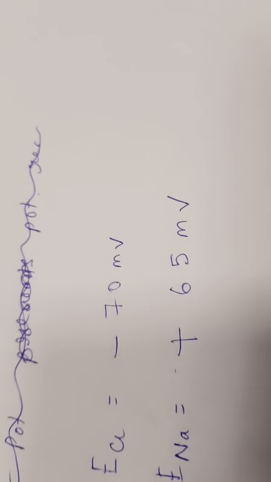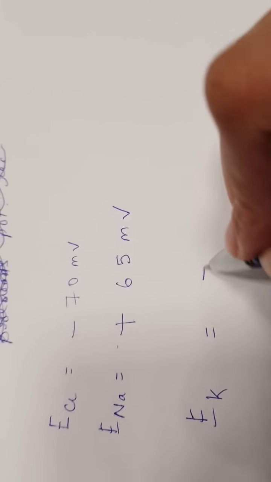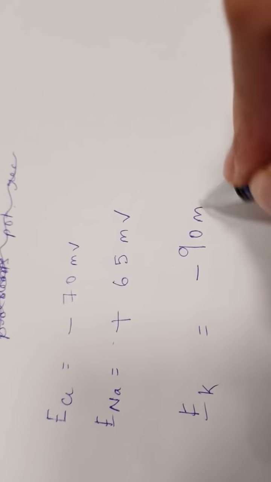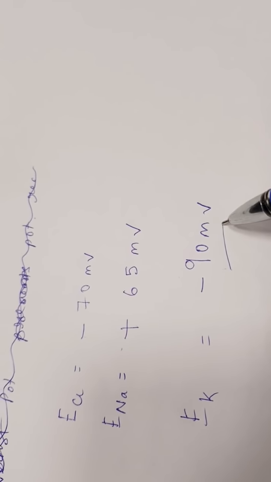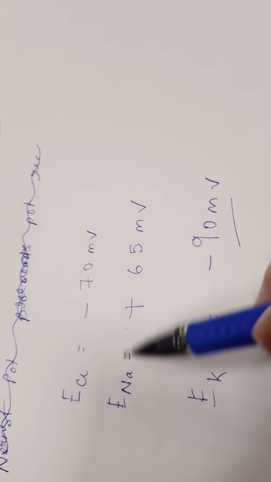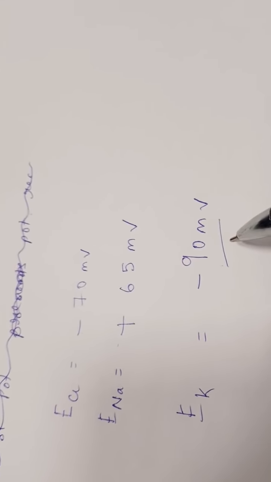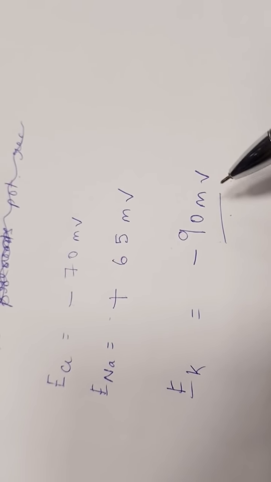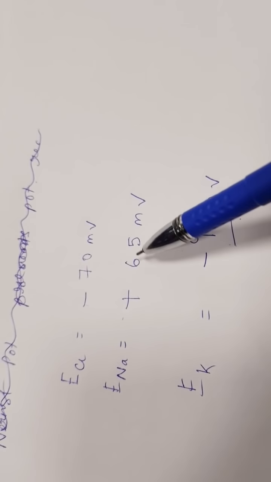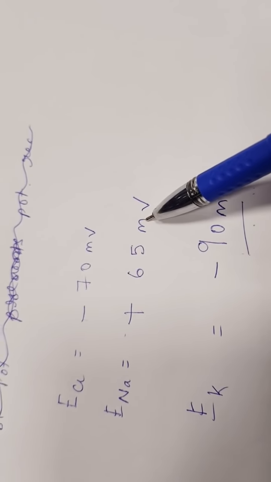Now, what is happening? Potassium was minus 90 millivolt. Potassium tries to pull the membrane potential towards minus 90 millivolt if it was acting alone, while sodium would be pulling the membrane potential to plus 65 millivolt if it was acting alone.